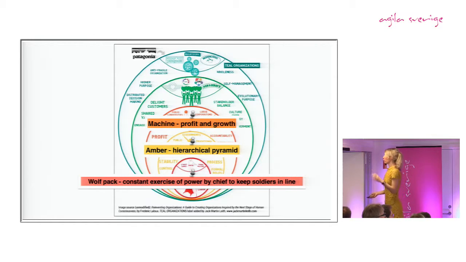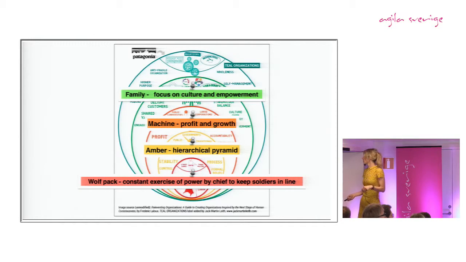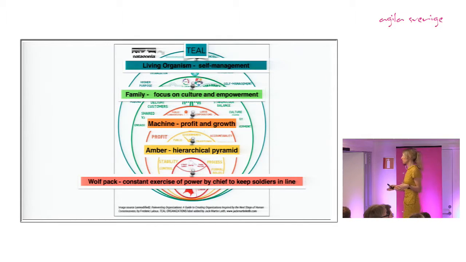Orange type focuses on profit and growth. Green type works as a family with a focus on culture and empowerment. And teal organizations have self-management, and they work like living organisms. You have organs which are working independently, and they coordinate in such nice harmony.